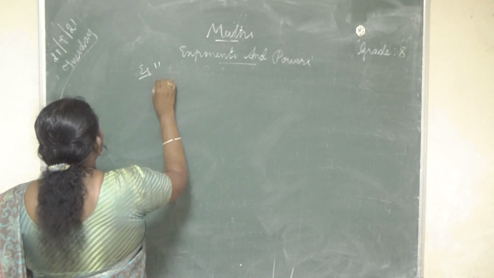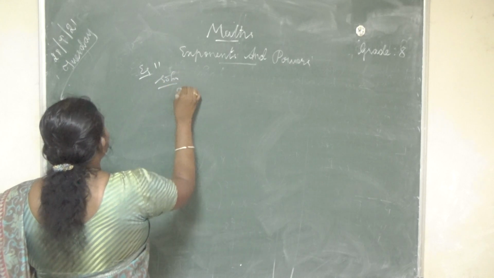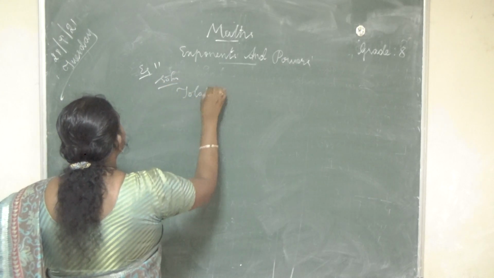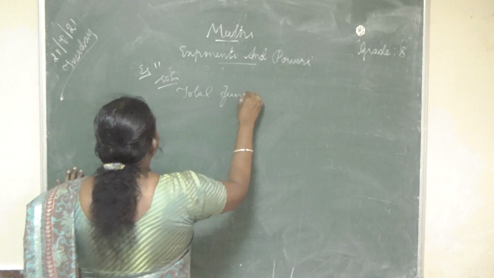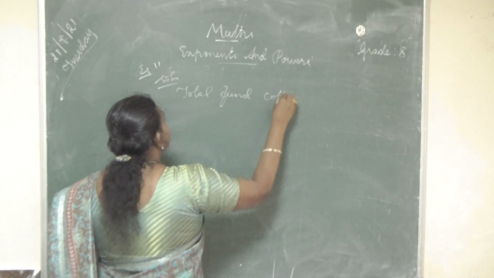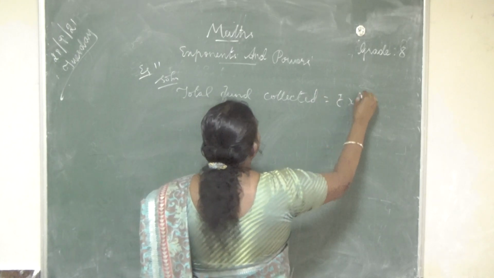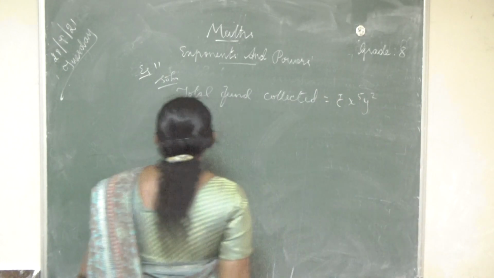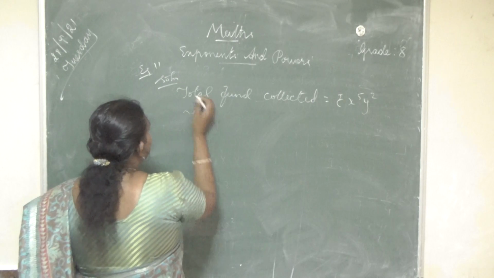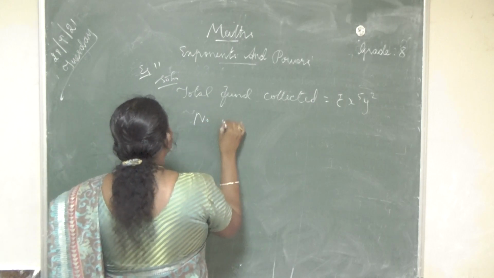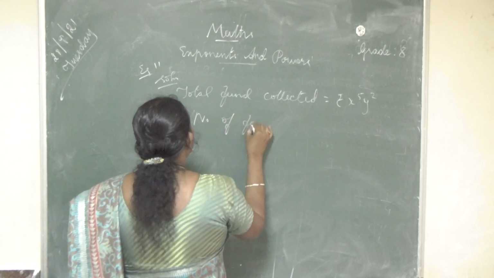Example 11. Solution. Total fund collected: how many rupees? Rupees x power 5 y square. How many families are affected?